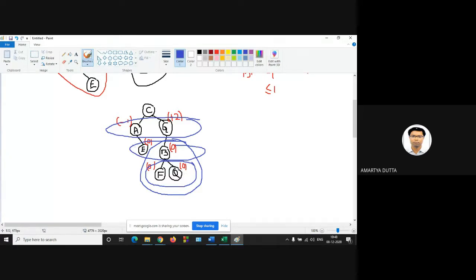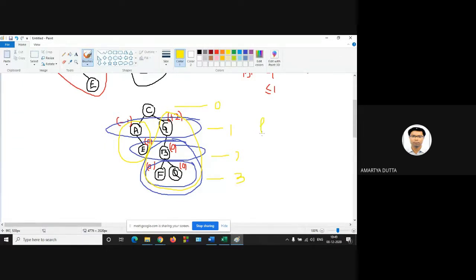So the left subtree minus the right subtree of C. What will be the height of the left subtree? If this is 0, this is 1, this is 2, and this is 3.